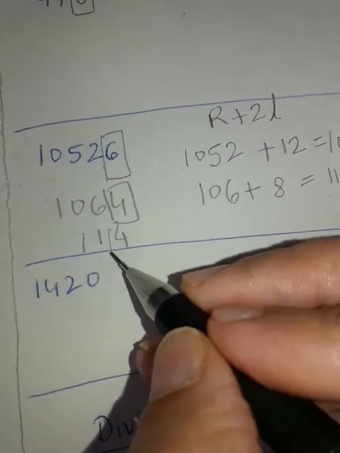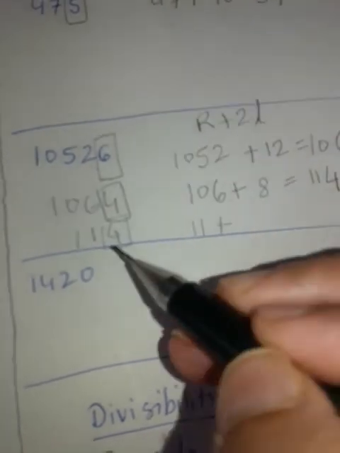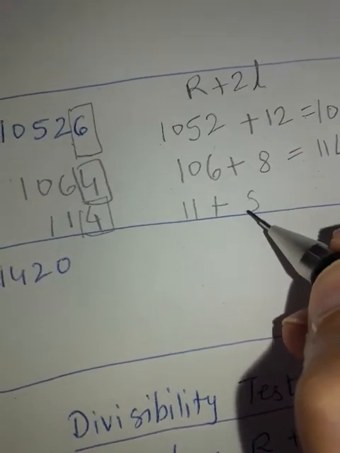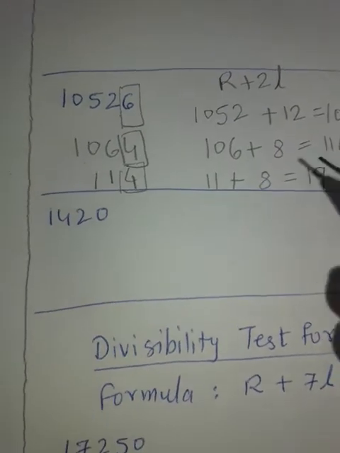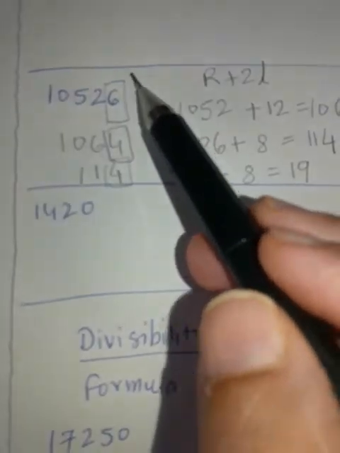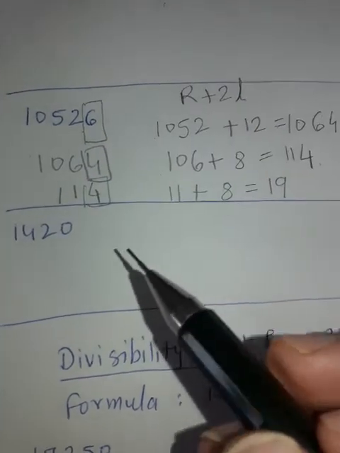Remaining number is 11. Last digit is 4. 4 2s are 8. Sum is 19. 19 is divisible by 19. That means the original number 10,526 is divisible by 19.